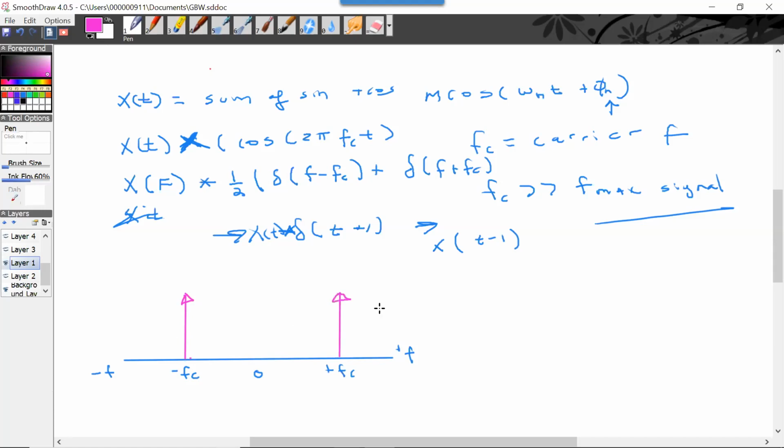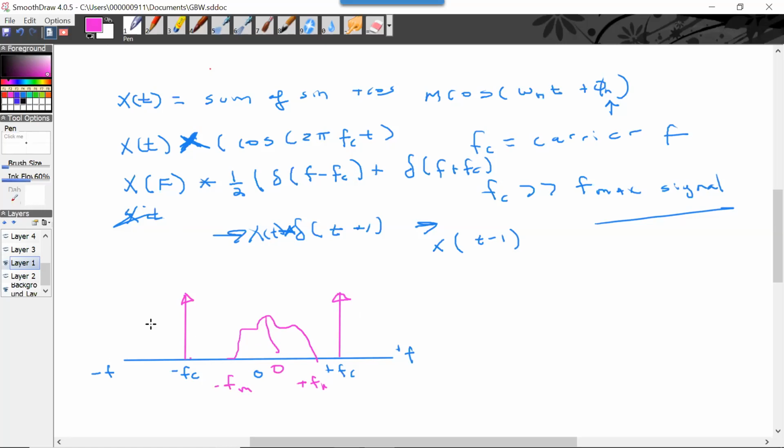Okay, we have two delta functions. And then this X of F, I'm going to try to draw this symmetrical. All right, it's not perfect. Minus F M, for frequency max. This is supposed to be centered around 0.